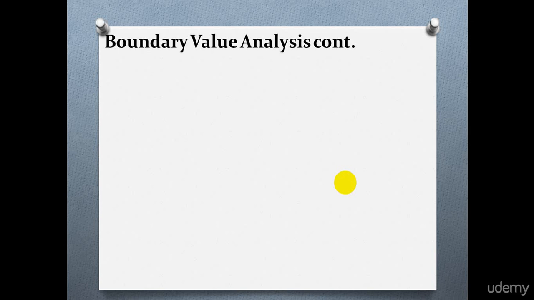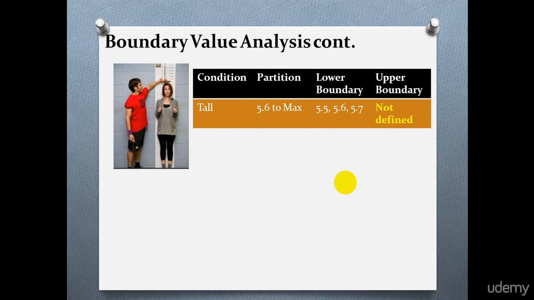Let's continue with our boundary value analysis. There can also be situations wherein identifying the boundaries is not always possible. Consider a height measurement example where they categorize height 5'6" and above as tall people.